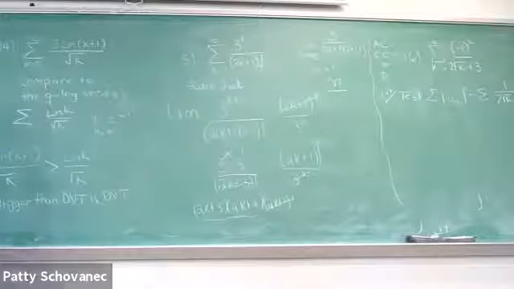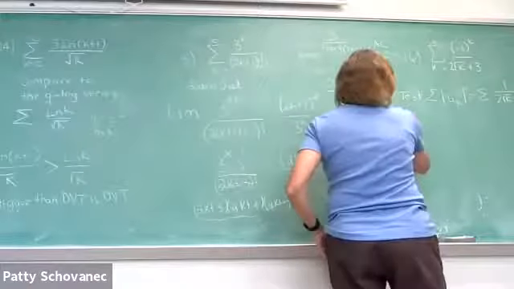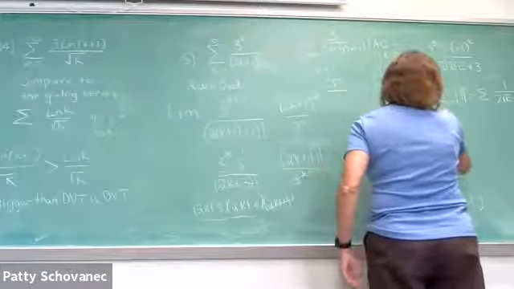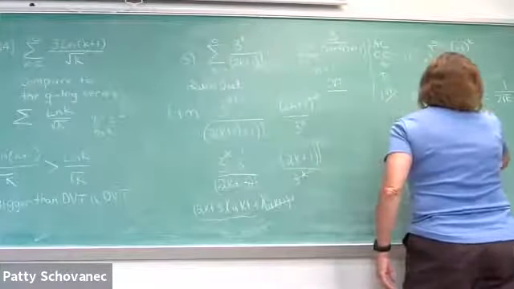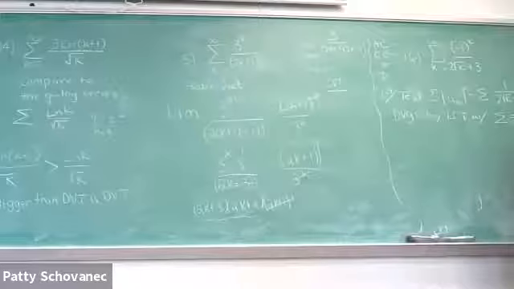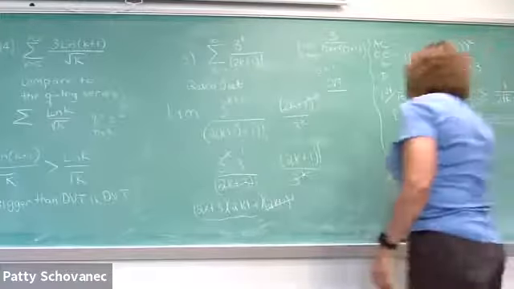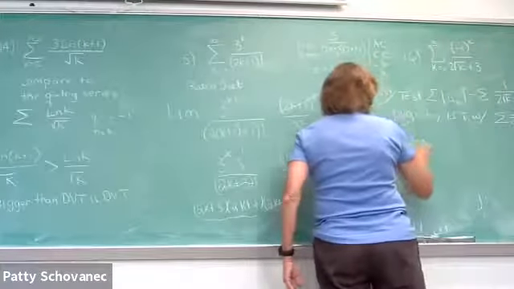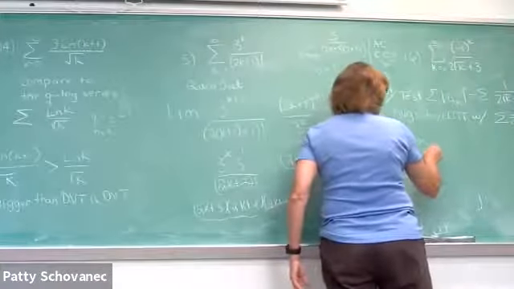So this diverges by the limit comparison test. The series 1 over 2 to the k, divergent P series. And the comparison test will give you a 1.